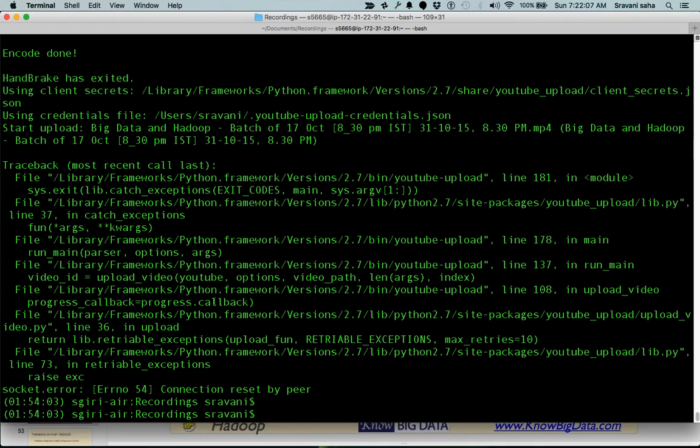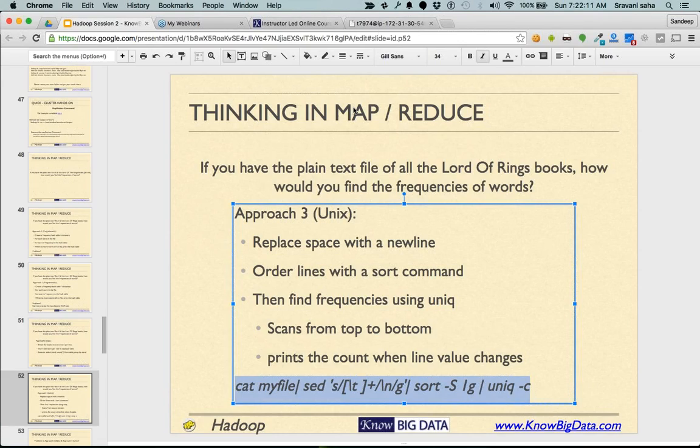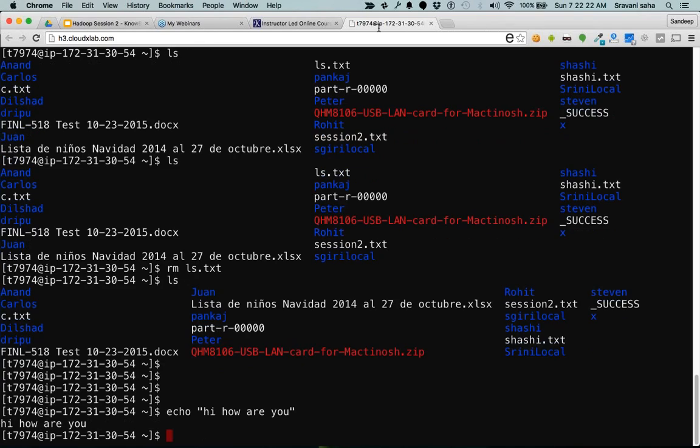So let's see if it works. So if we say echo hi, how are you? Echo just shows on the screen whatever argument you give.